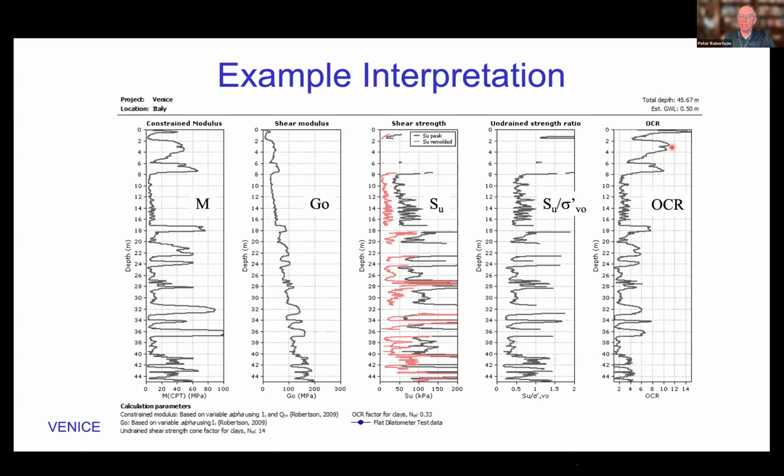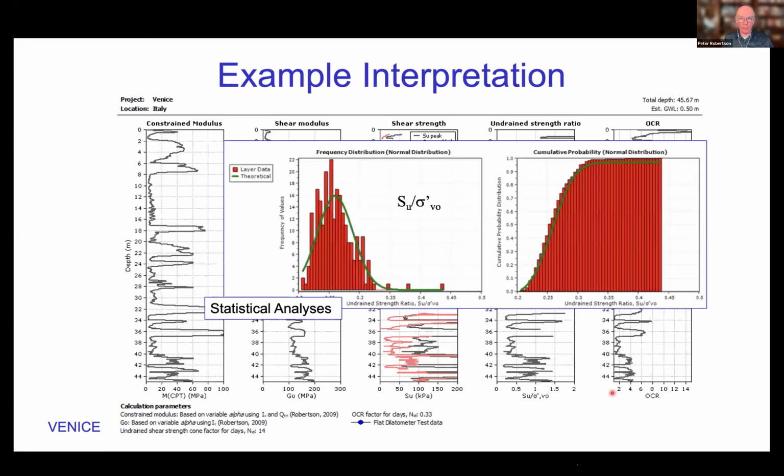And then the last plot is the overconsolidation ratio, sometimes referred to as the yield stress ratio, but commonly the OCR. You can see that the OCR near the surface is around 2 to 3, and then it drops down to 1 at depth.